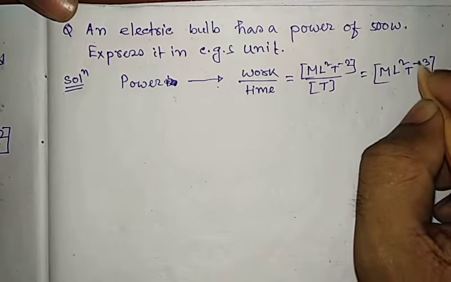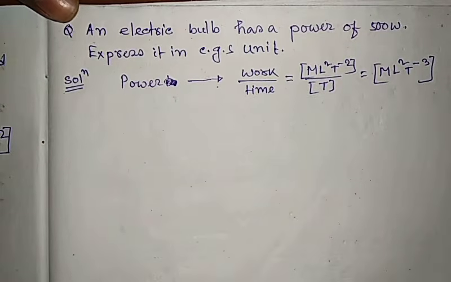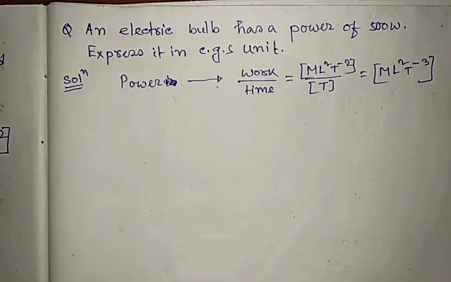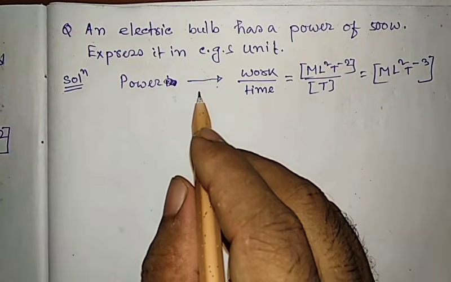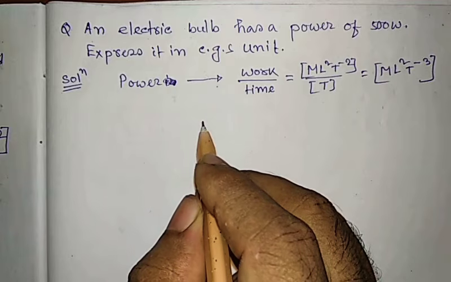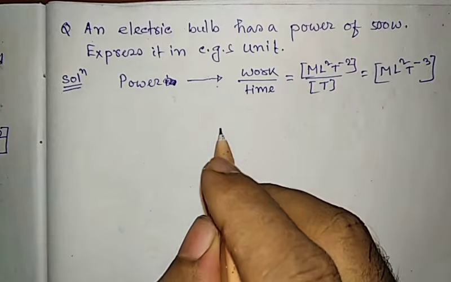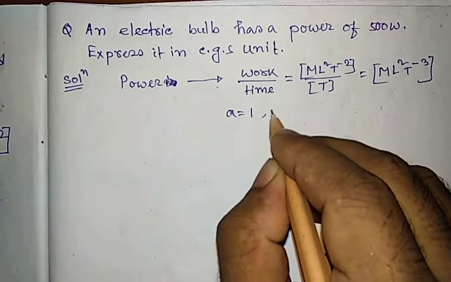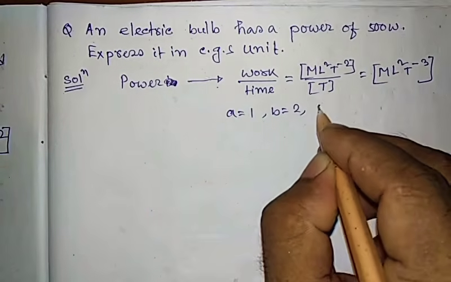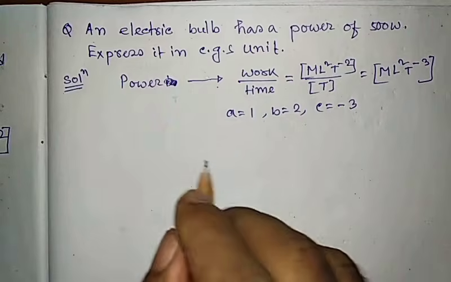It is the dimension formula of power. Okay, now A is equals to 1, B is equals to 2, C is equals to minus 3.